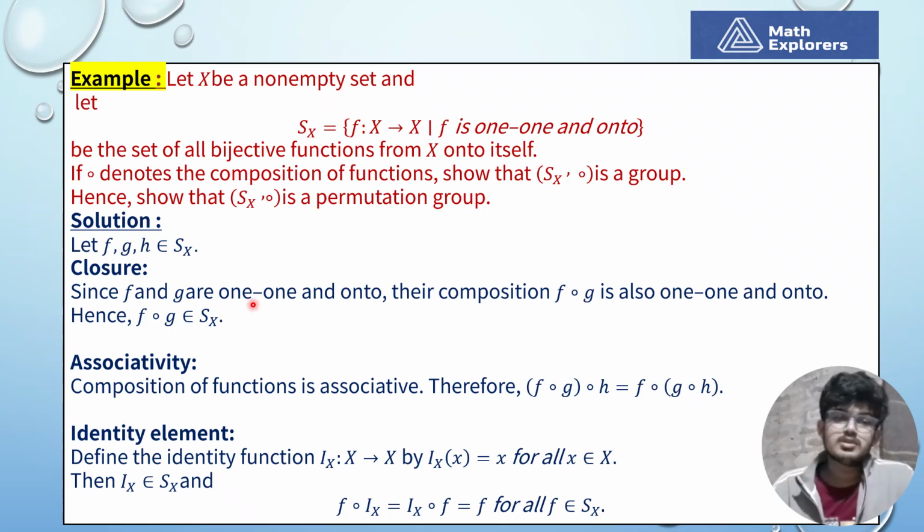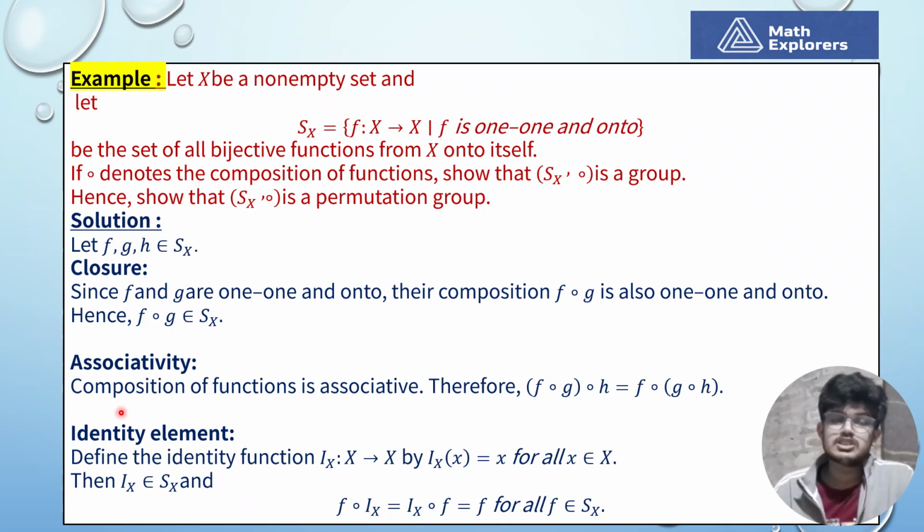So closure property: if F and G belong to Sx, then F and G are both one-one and onto functions, then their composition must be one-one and onto, so F compose G belongs to Sx because it is the collection of all bijective functions.